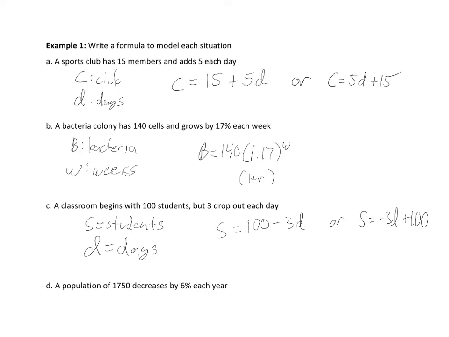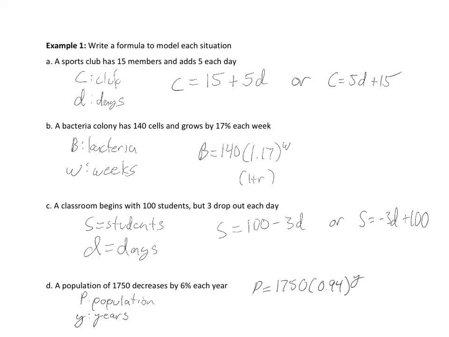Okay, lastly, a population of 1,750 decreases by 6% each year. So let's let our population be P. And it's decreasing 6% each year, so let Y be years. And so I would say P equals our initial amount times, a 6% decrease would be 0.94, raised to the number of years.